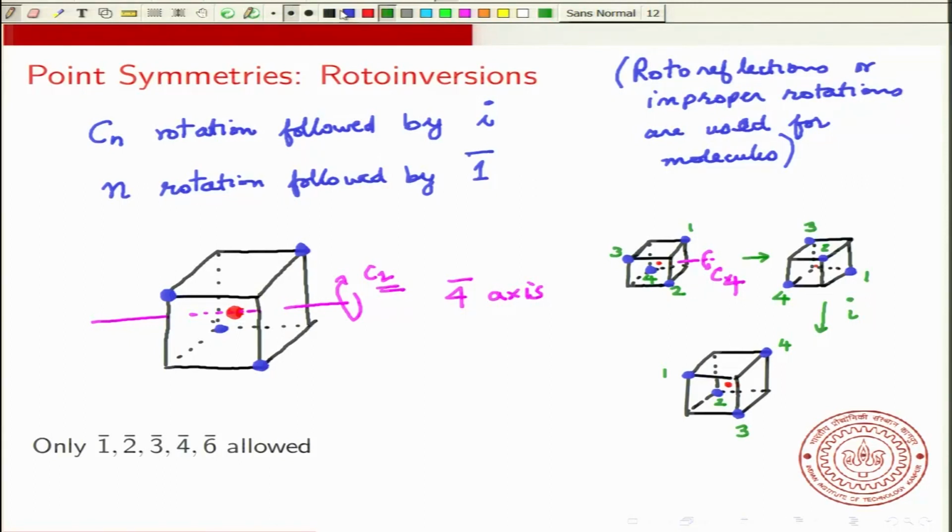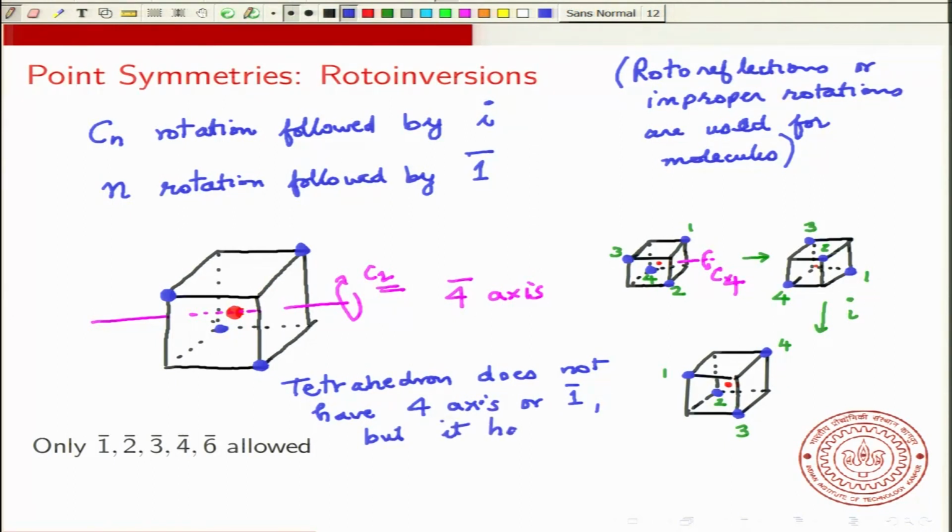So, important is again that the tetrahedron does not have a 4-fold rotation axis, or a 1 bar, which is an inversion, but it has a 4 bar axis.